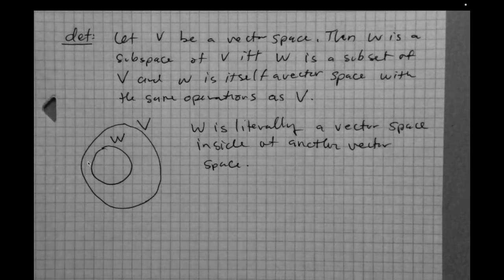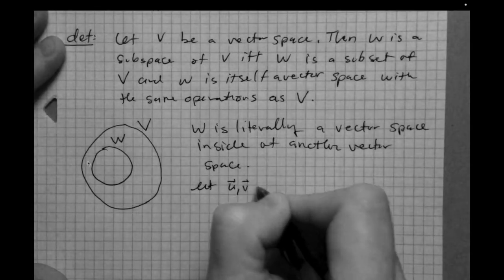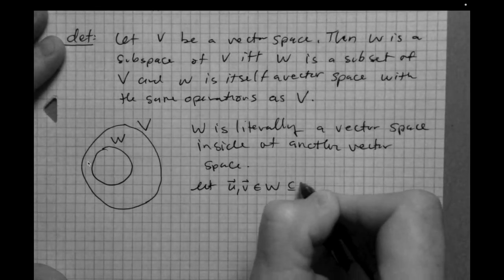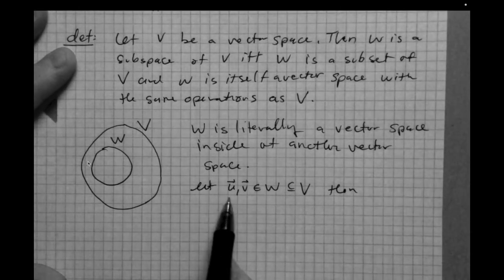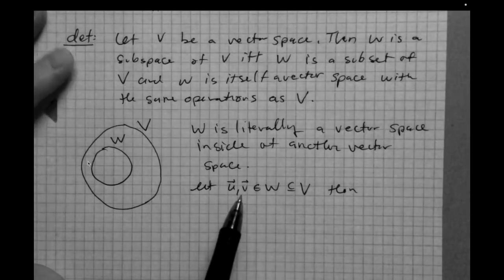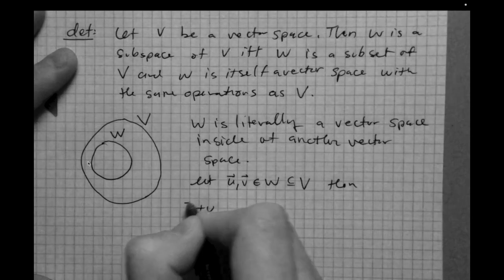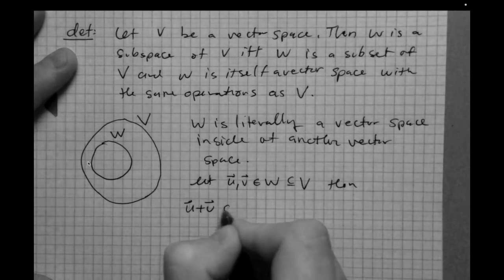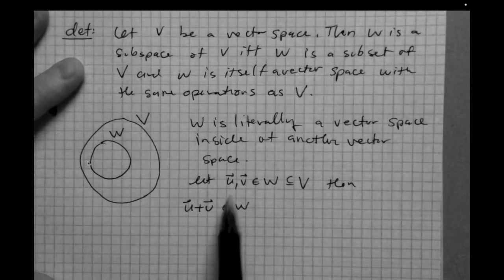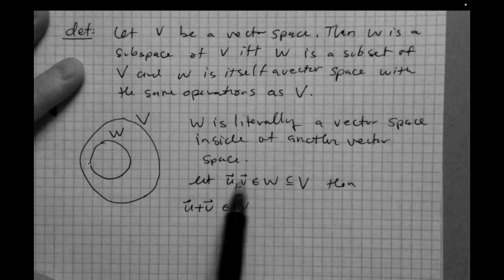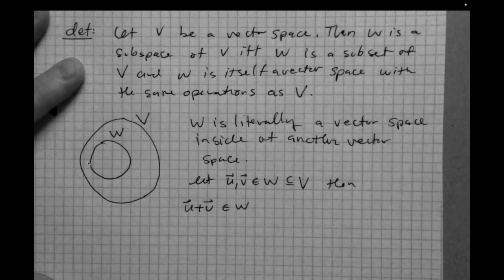So if we let u and v be in W, which is a subset of V, then think about what happens when we perform vector addition and scalar multiplication on u and v. Then u plus v needs to be inside of W because W is a vector space. It's also a subspace, but it happens to be a vector space as well, so it's going to be closed. So elements inside of W will stay inside of W when you add them together or when you multiply them by a scalar.